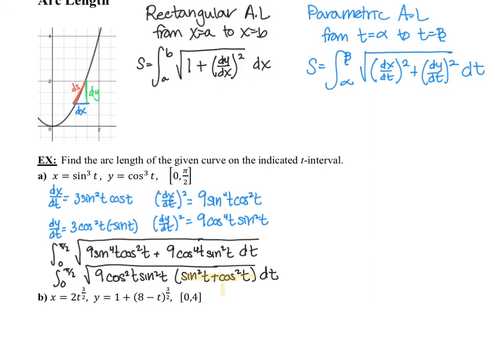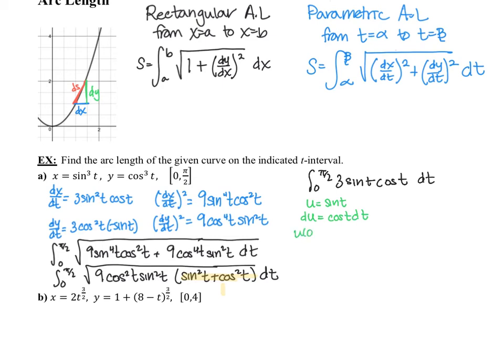I am really taking the integral from 0 to pi over 2 of 3 sine t cosine t when I simplify that, because that becomes a perfect square. Makes life a lot easier. Okay, and now I am going to use a u substitution. I'm going to let u equal sine of t, and du equal cosine of t dt.